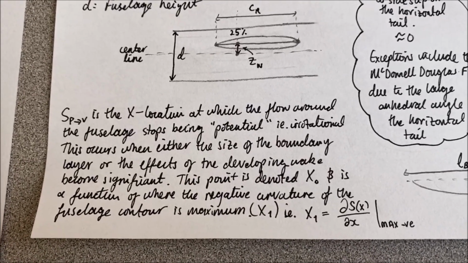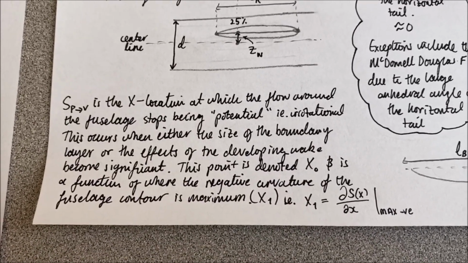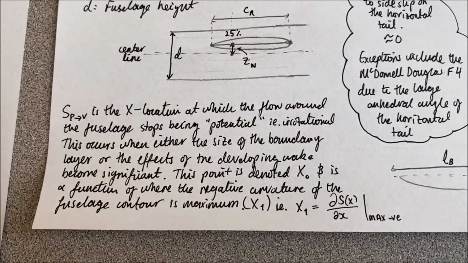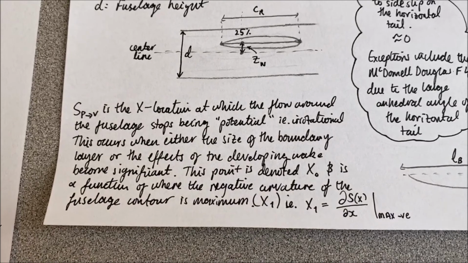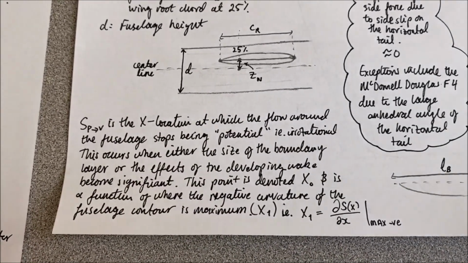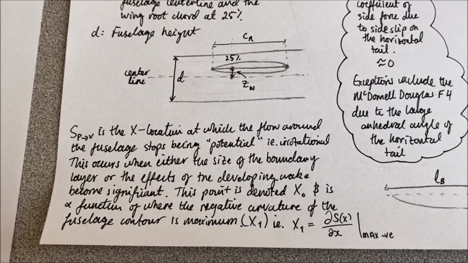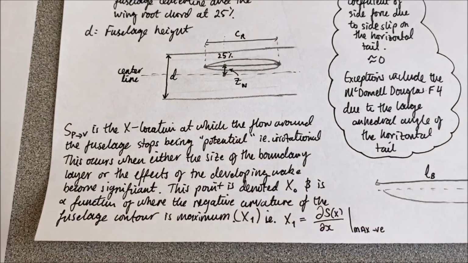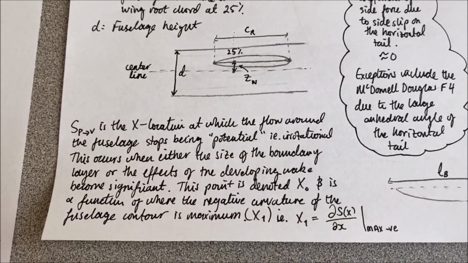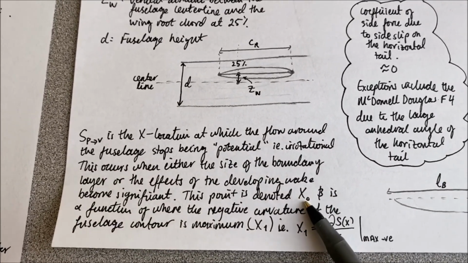And that occurs either when the boundary layer reaches a certain thickness, or we have this developing wake coming from various conflicting surfaces around the aircraft. So when either the boundary layer gets large enough or the wake gets significant is when the flow around the fuselage stops being potential. And we denote this point by capital X sub 0.